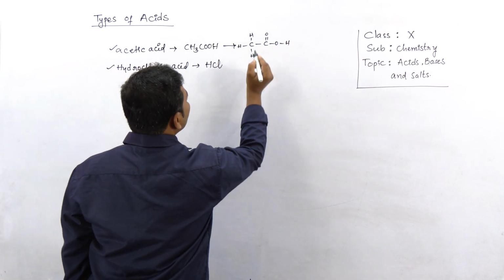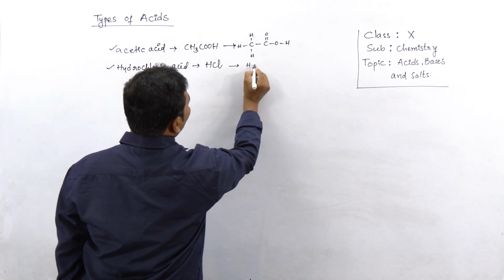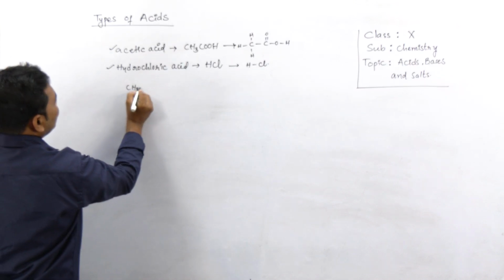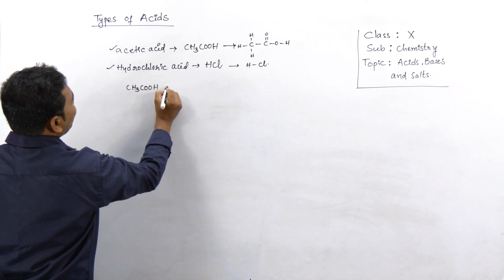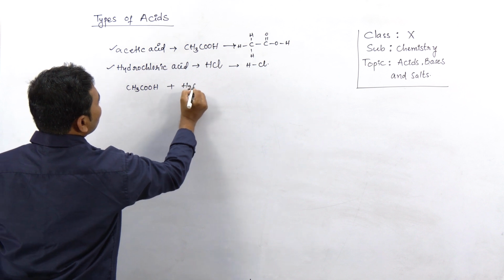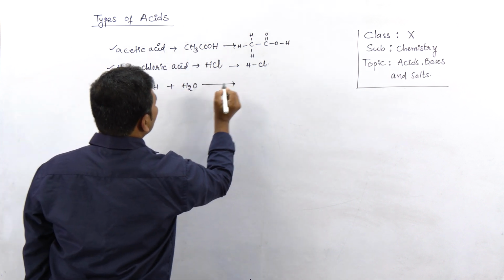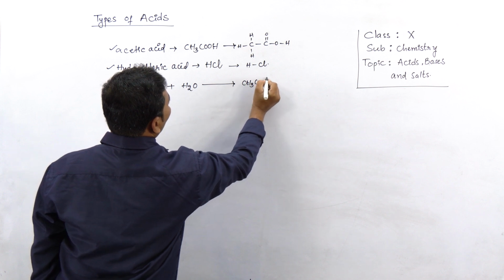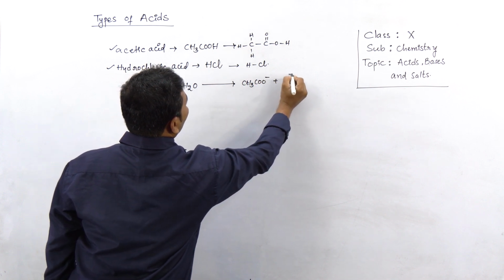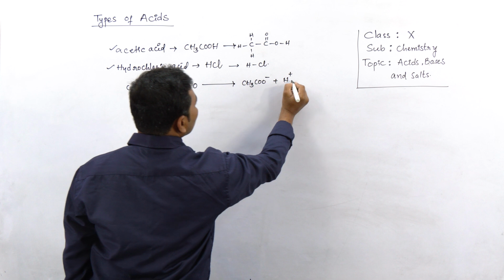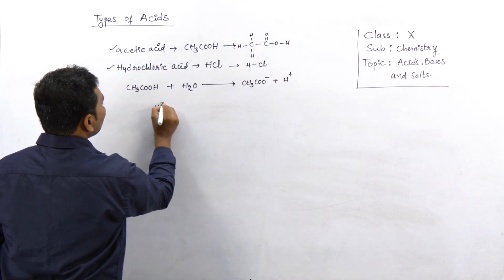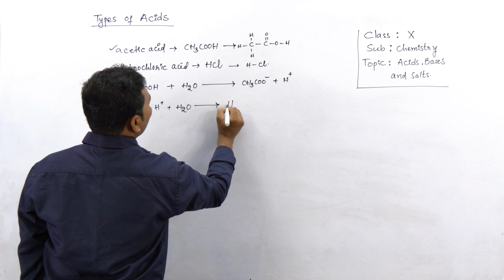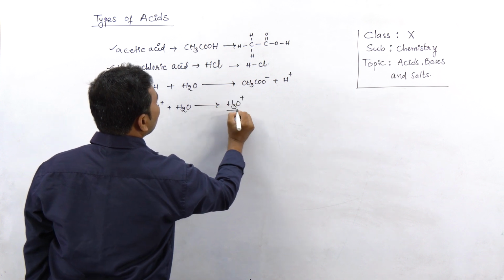In hydrochloric acid, hydrogen is bonded with chlorine. Now, CH3COOH, when added to water, splits into CH3COO minus and H plus. This H plus combines with a water molecule and produces the H3O plus ion.